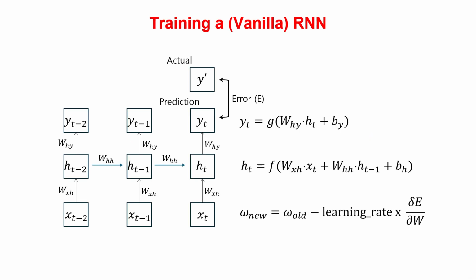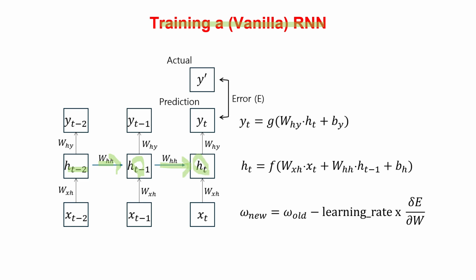First, let's look at how weights are updated through training in a vanilla RNN. In an RNN, the hidden state from time step t minus 2 is passed to t minus 1, and then to time step t.